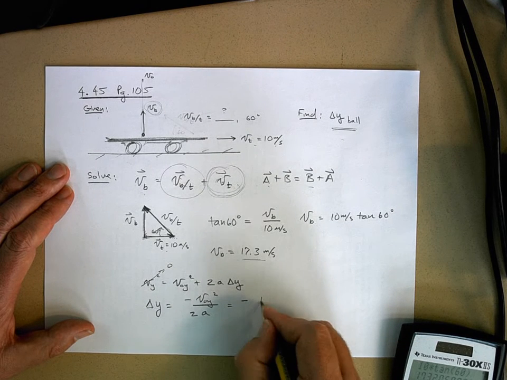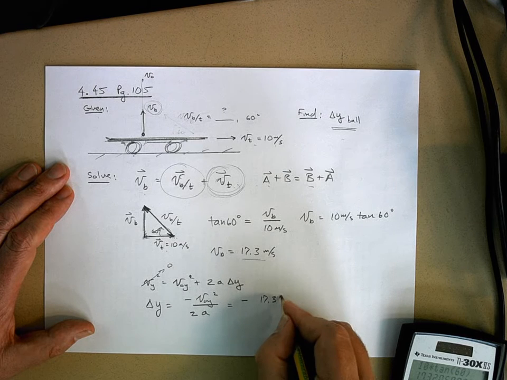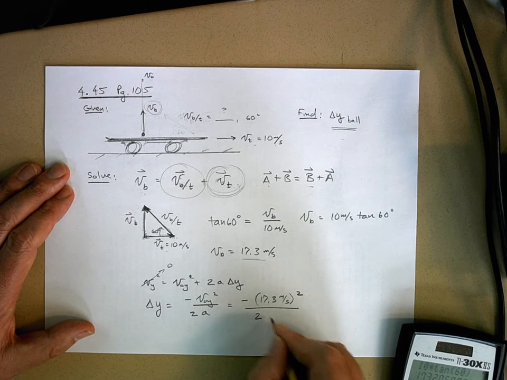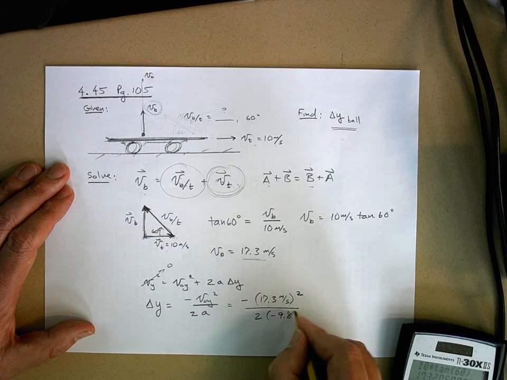Negative 17.3 meters per second, squared, divided by 2 times negative 9.8 meters per second squared, because that's the acceleration.